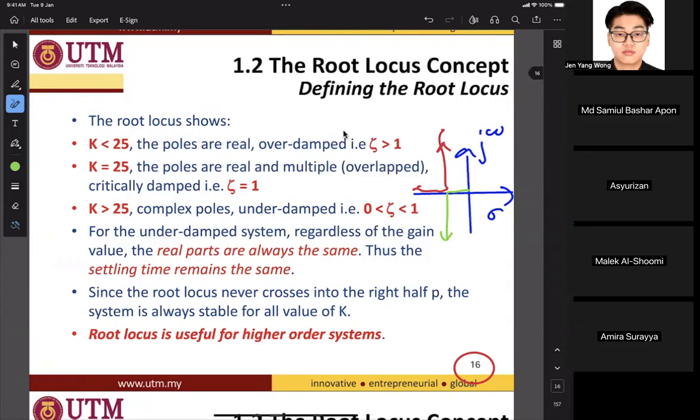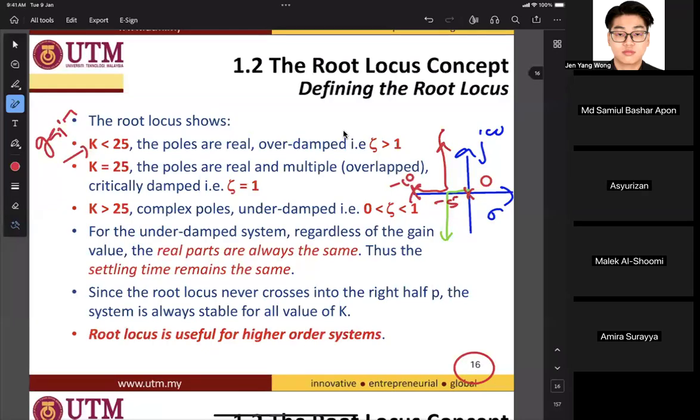Can you see, guys? So the root locus here: k is the gain.